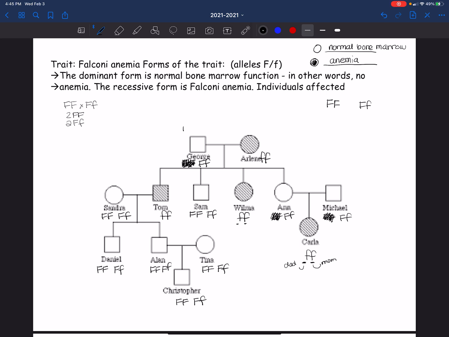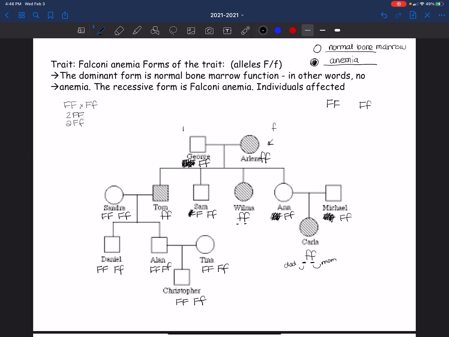Okay? So then if we look at their children, they have 4 children, and we try to figure out Sam's genotype. Again, the only allele that mom is donating is a little f. So all of her children are going to have at least 1 little f in their genotype.